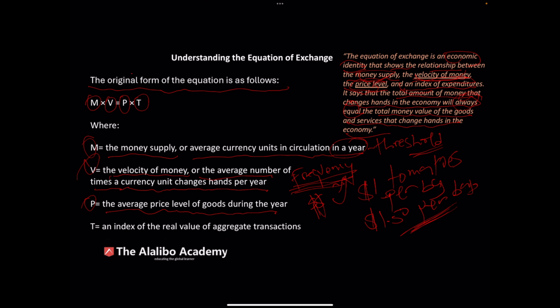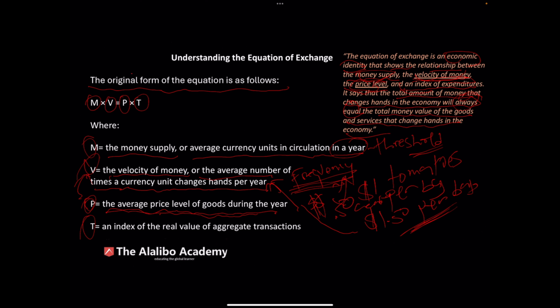So it's expensive, the frequency will reduce, and that will have an impact. So the price level will impact the velocity, of course. Again, velocity being velocity of money, or the average number of times a currency unit changes hands per year. So again, P is the average price level of goods during the year. So the change of 50 cents will have an impact on the velocity. Please take note of this.